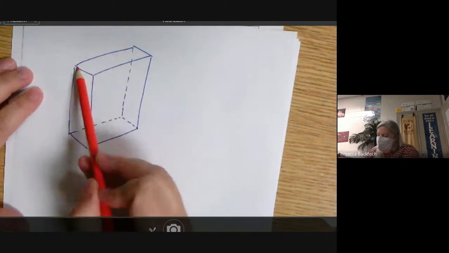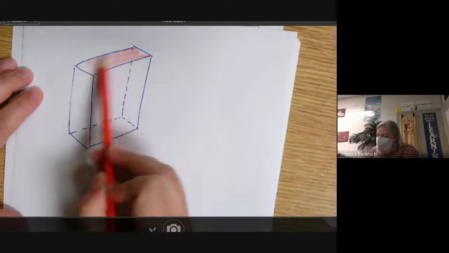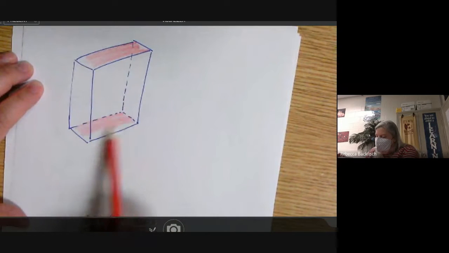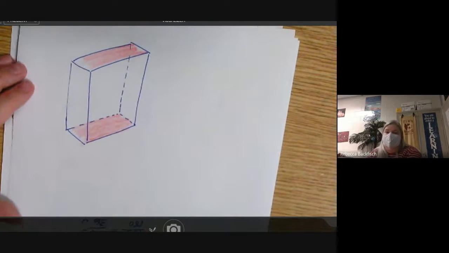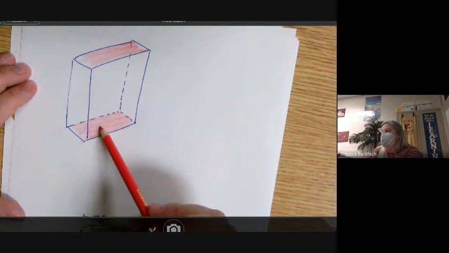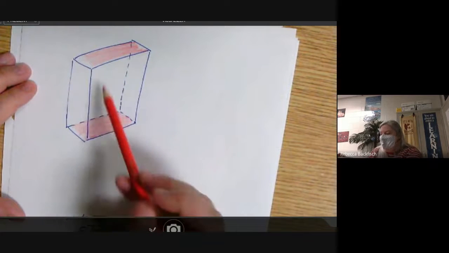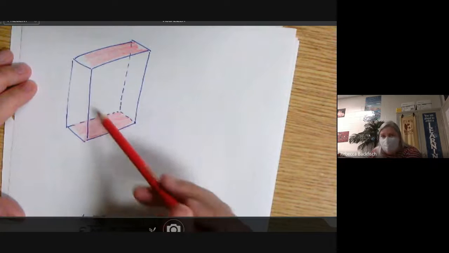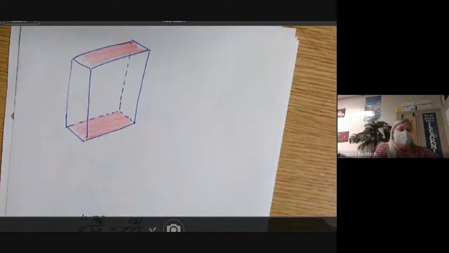So in this case, this rectangle up here and this rectangle down here, we could consider those the bases. They're exactly the same rectangle, so they would have exactly the same area, same shape, same size, and they're parallel to each other. So bases have to be parallel.